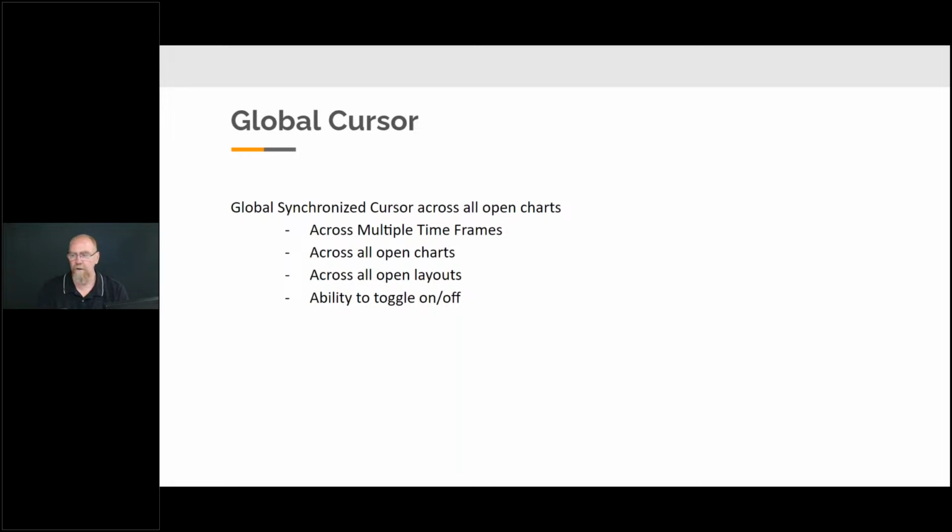Knowing where the same date is on all the charts you're looking at the same time is nice to help line up different price action. And when it's the same chart, if you're looking at multiple time frames, you can point to what you think are support and resistance, let's say, and then it will show that same line across all of your charts. Really a nice feature to have.